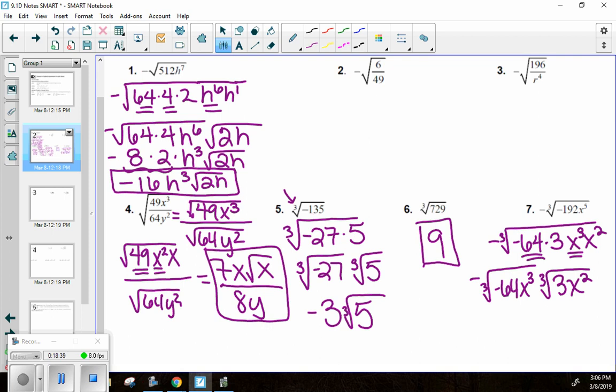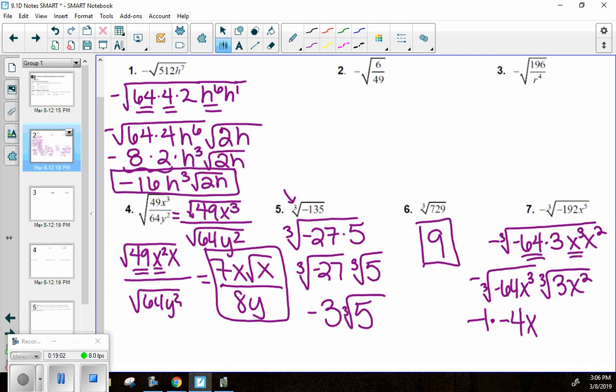Okay? All right, let's do this. So what is the cube root of negative 64? It is a -4. Okay, so I had kind of this -1 hanging out in front, and now the cube root of negative 64 is -4. And then what's the cube root of x cubed? Just x, right? 3 divided by 3 is 1, so it's just x to the 1st power. Okay?